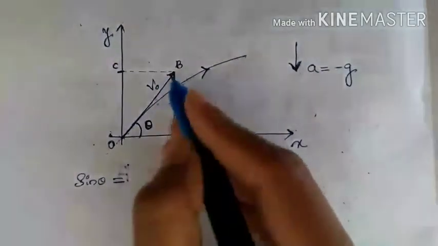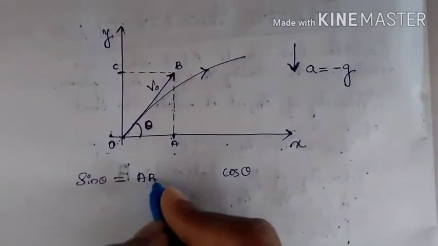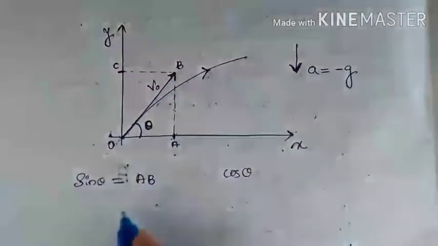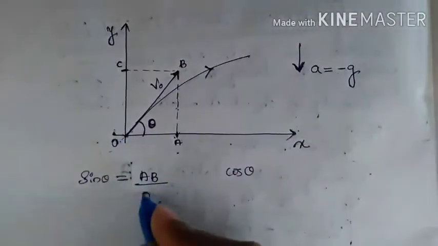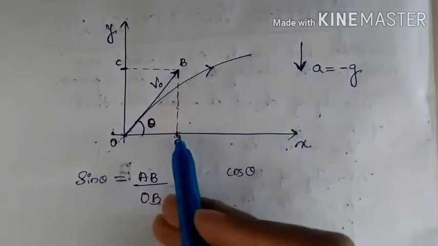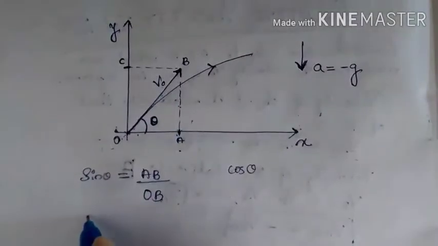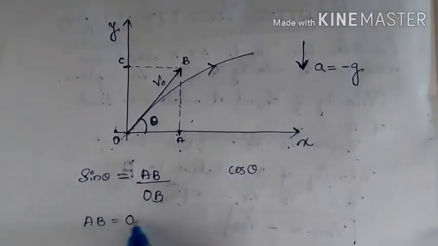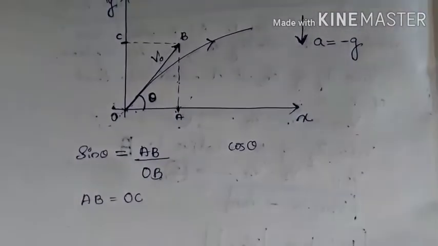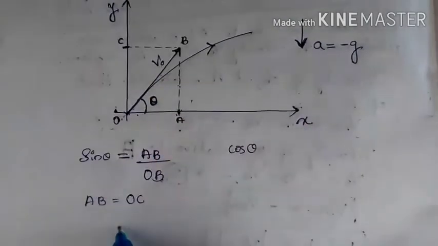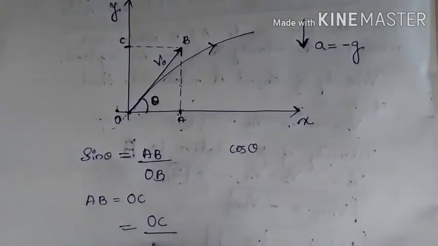The opposite side is AB and the hypotenuse is OB. Now from the diagram it is clear that AB is equal to OC. So I can write OC divided by OB.